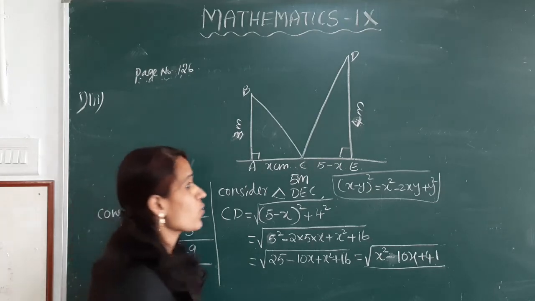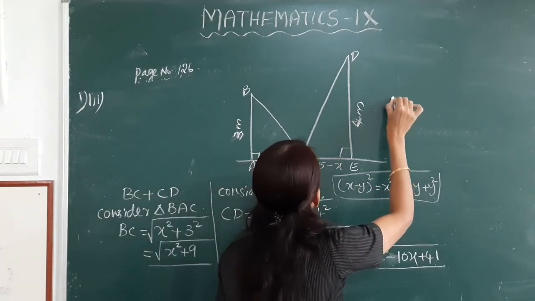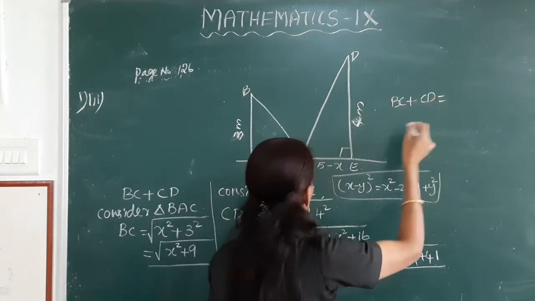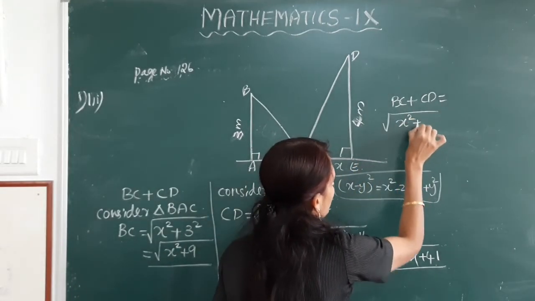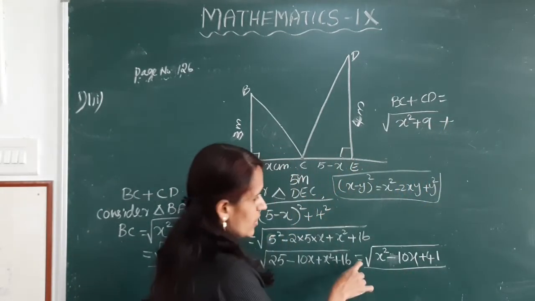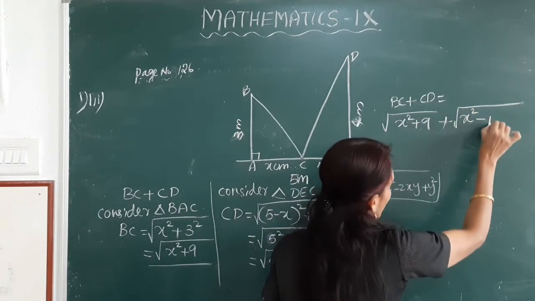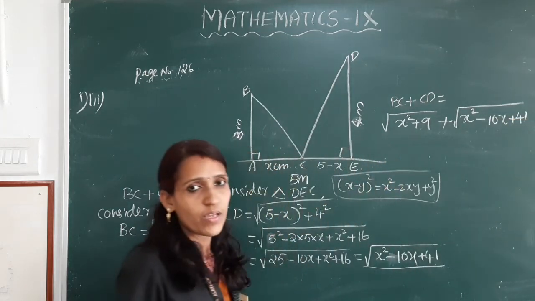The length of the rope is equal to BC plus CD, where BC is root of x square plus 9 plus CD is root of x square minus 10x plus 41.